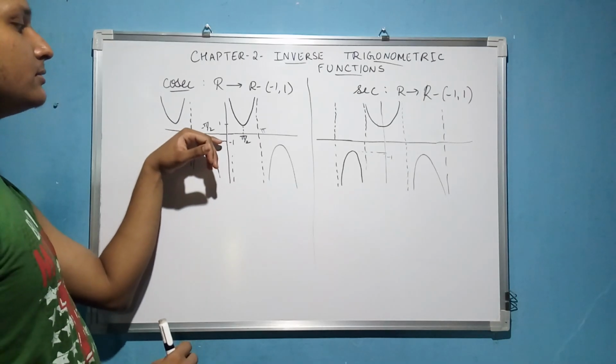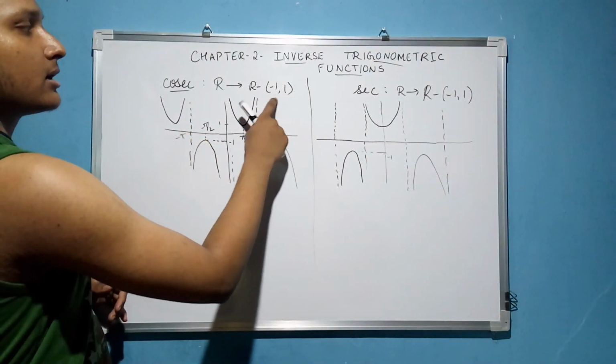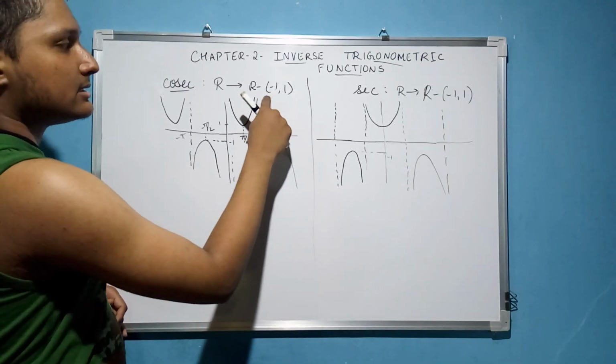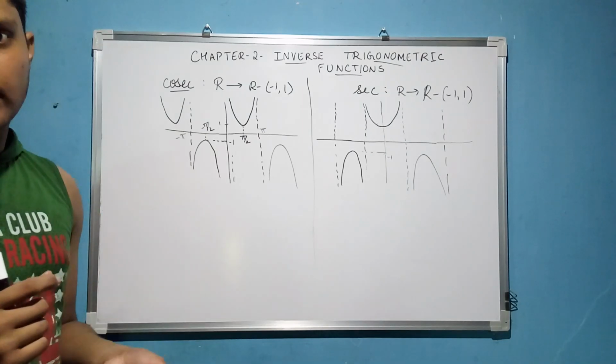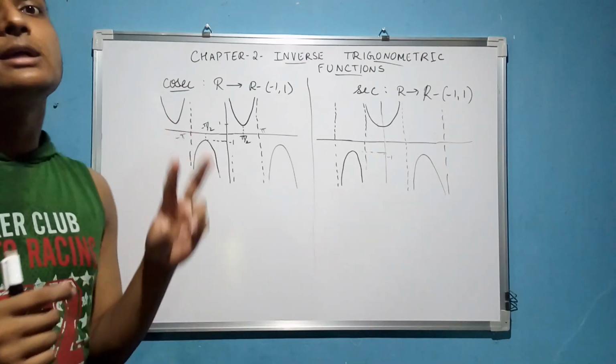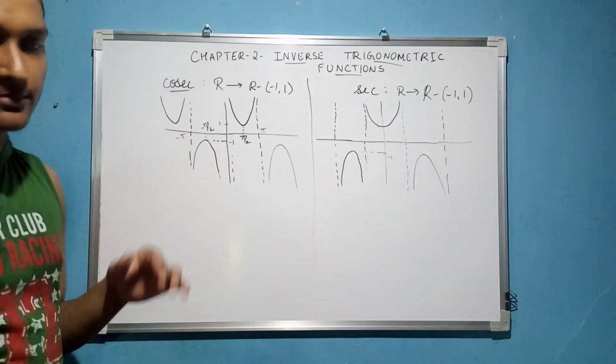So it is not going to touch the graph because it cannot have the values in between this range, that is from -1 to 1, and all of the other values can be included in that. So you need to consider both positive and negative values while taking the principal value branch.